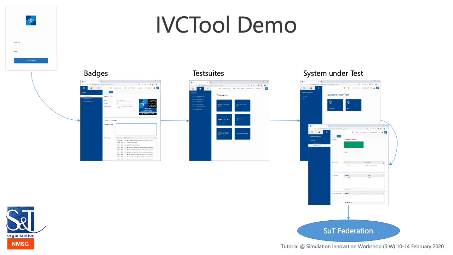The first area shows you the badges that are currently installed in the tool. So what we have is a HLA badge, we have a tutorial badge. Together with the operational badges, we're also supporting a tutorial for the test case developer to demonstrate how the test cases should be created, should be organized, should be defined.